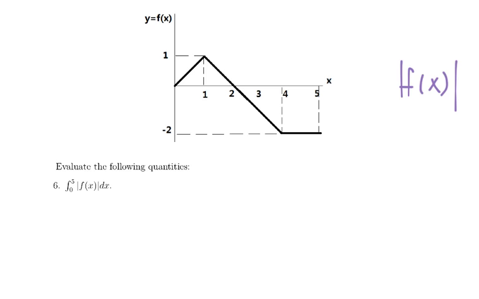So basically, if the graph is above the x-axis, we're going to keep it. But if it is not, we're going to flip it above the x-axis. So that means we're going to keep this part and then reflect this part about the x-axis. That means we're going to have something like this.